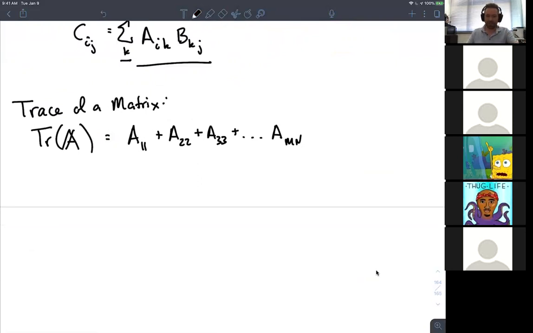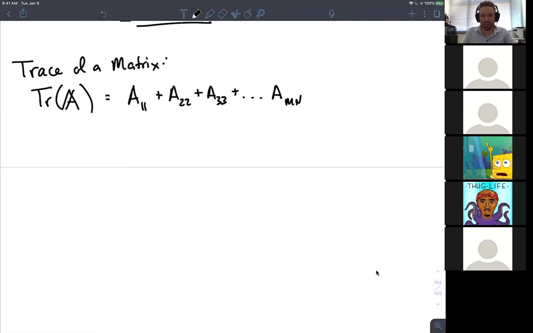Good. Okay. With those two things in mind, let us now try to formulate our Hamiltonian for the general Ising model in terms of matrices.